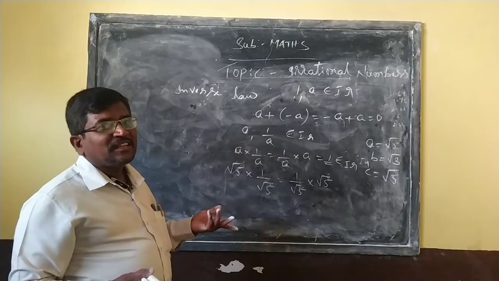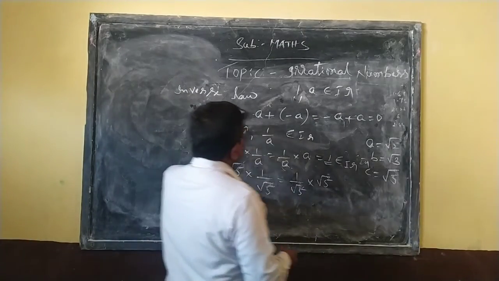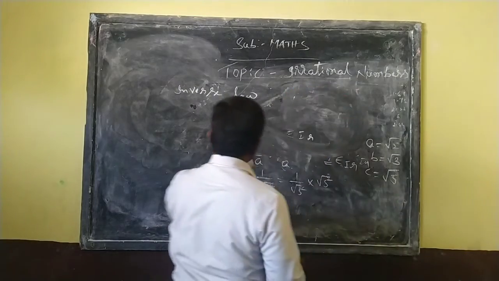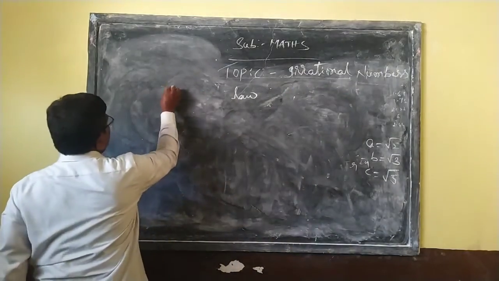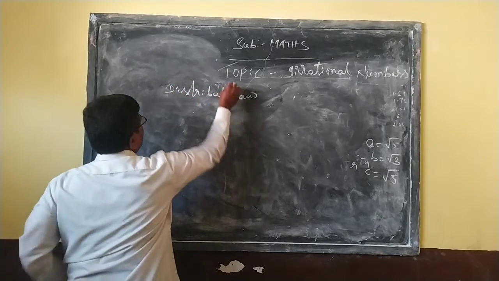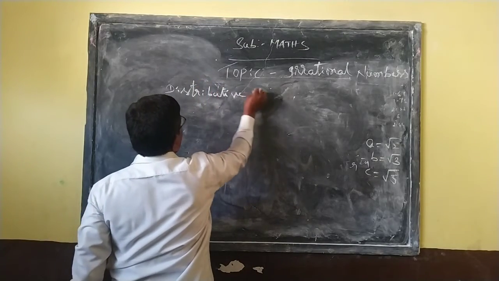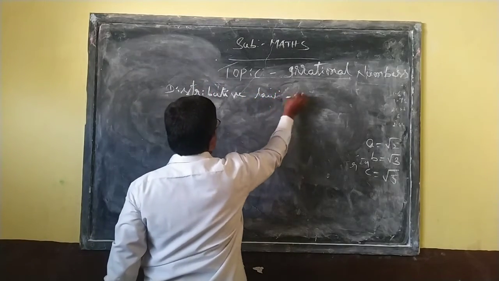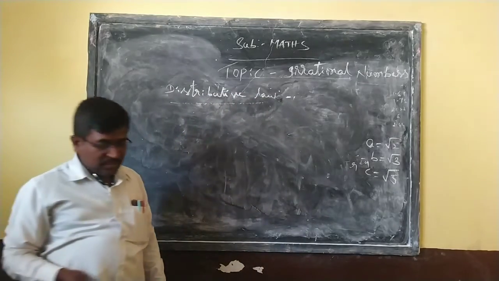And last, finally, you know the distributive property. Same case it happened. The last one is the distributive property, that is distributive law, or you can say distributive property.